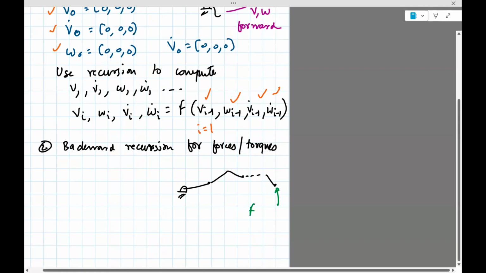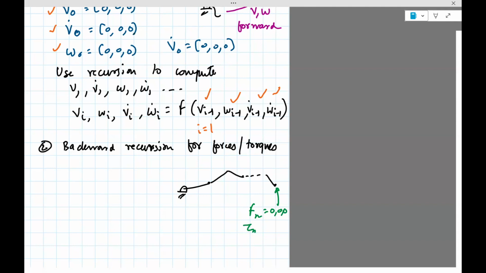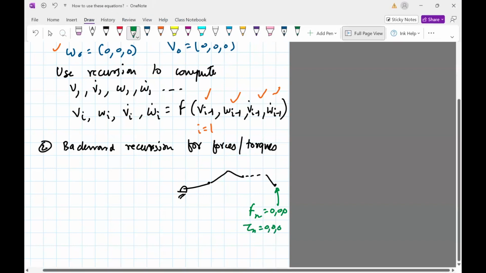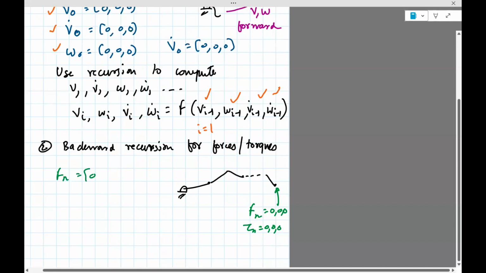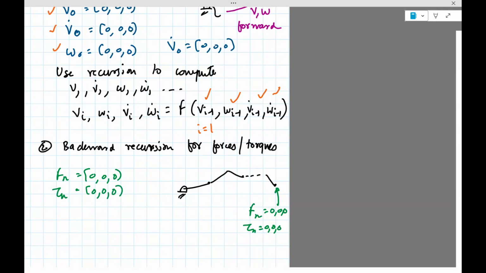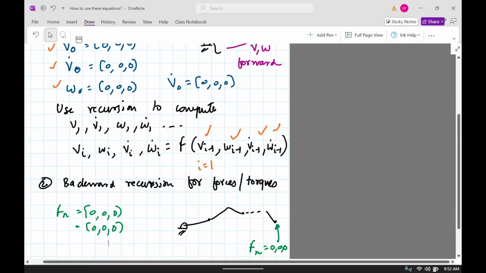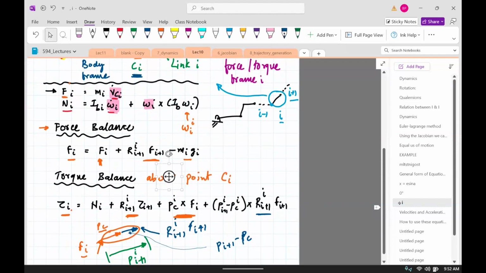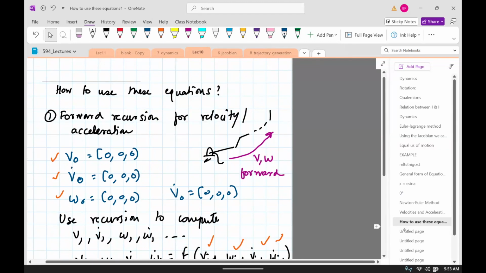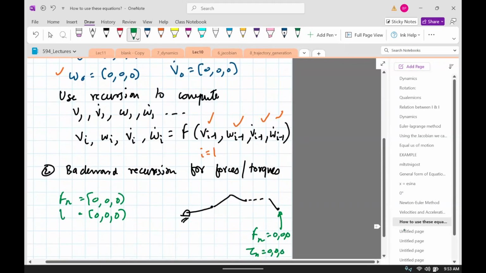The force is 0, 0, 0, and the torque is 0, 0, 0. So the nth link will have a force of 0, 0, 0, and the torque would be 0, 0, 0.